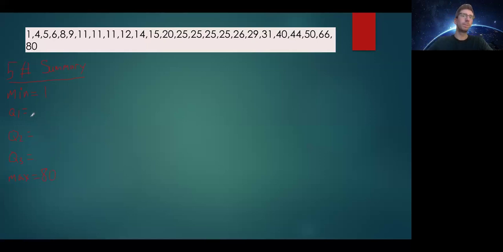Our Q2, our median is what we'll start with next when calculating the 5-number summary. Remember the Q1 is the number that cuts off the first 25% of your data. It leaves 75% above. Q3 is kind of the opposite of that, right? It has 75% of your data, so the majority of your data below it, and only 25% above it. To find those, we're going to first find the median, which cuts our data set exactly in half.